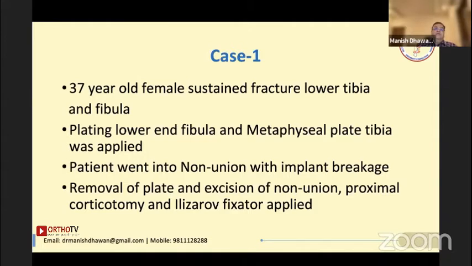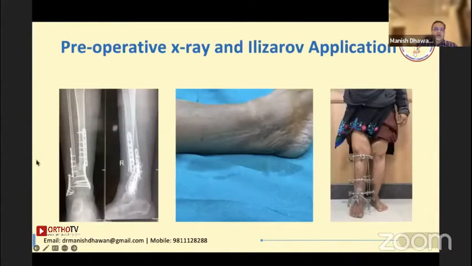Now, case 1. This is a 37-year-old female who sustained a fracture of the lower tibia and fibula. Plating of the lower end of the fibula and a metaphyseal plate in the tibia was applied, and the patient went into non-union with implant breakage. Removal of plate and excision of non-union, proximal corticotomy and Ilizarov fixator was applied. Now see the situation.